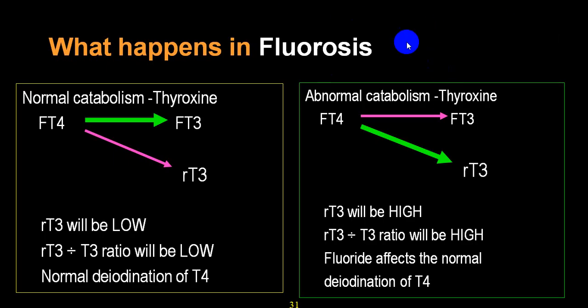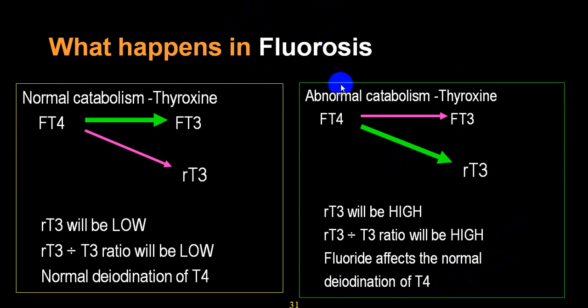Same thing can happen with fluorosis. Abnormal catabolism of thyroid hormone can take place. Reverse T3 will be high, and fluoride affects the normal deiodinase of T4, and that will be the effect of fluorosis.